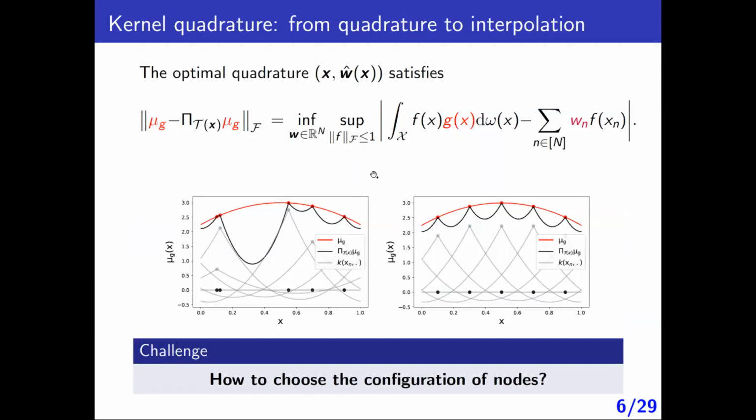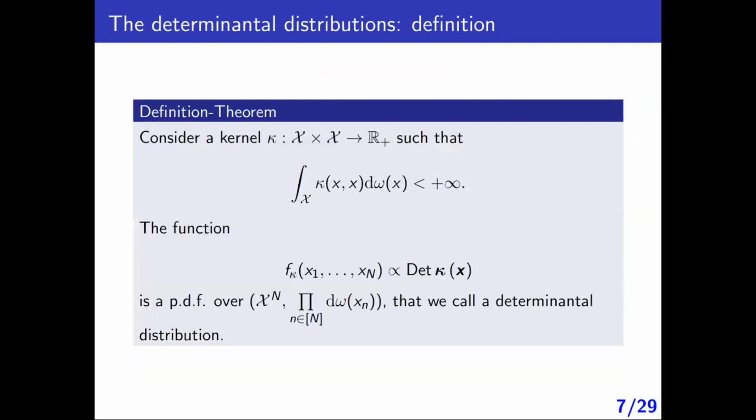And the idea is to define a random configuration that gives lower probability to this kind of configuration, and high probability for this kind of configuration. So we need some negative correlation property that is achieved by what we call determinantal distribution. So we will consider a new kernel kappa that is not necessarily the initial kernel of the RKHS.